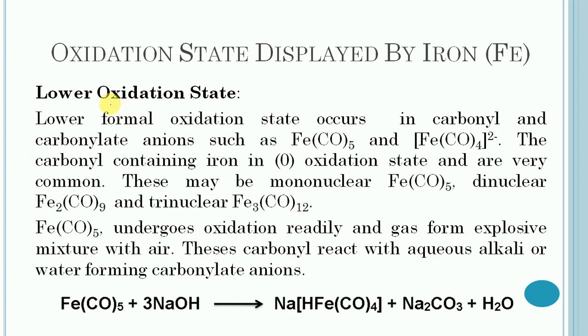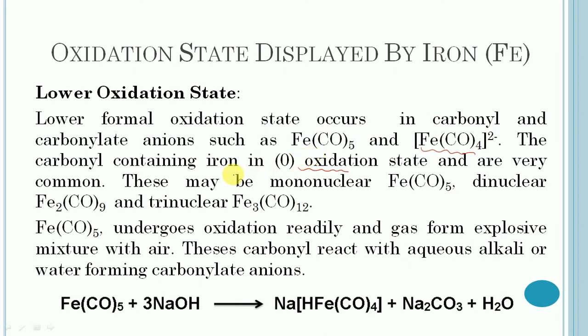Next one is the low oxidation state. The lower formal oxidation states occur in carbonyls and carbonylate anions such as iron 5 carbonyl and this carbonyl of iron. The carbonyls contain iron in the 0 oxidation state and are very common.